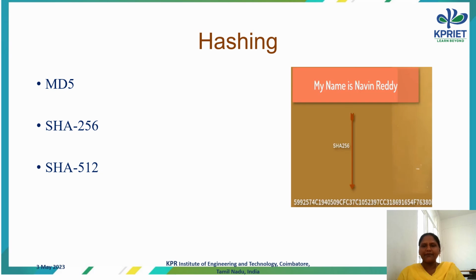Even if I send a single line as an input, the output of the algorithm will always be 256. So for any length of input, it is going to provide a fixed length of output. So this is what a hashing algorithm is. In general, the SHA-256 algorithm is used for blockchain.